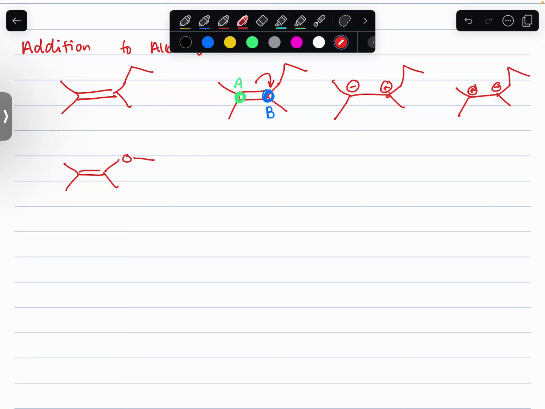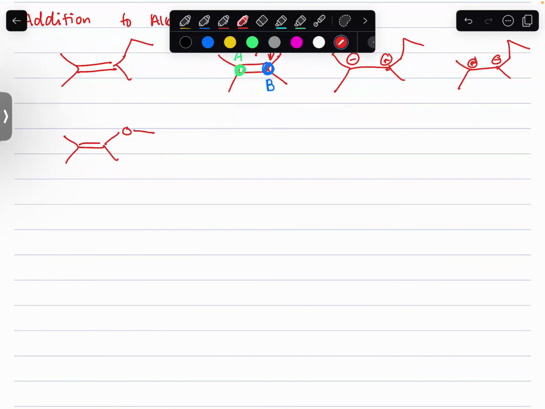They're a little bit more loosey-goosey with their orbitals than carbon is. So with this particular molecule, we would see the breakdown like this, where we form a negative charge here because it'll be more stabilized by that oxygen.